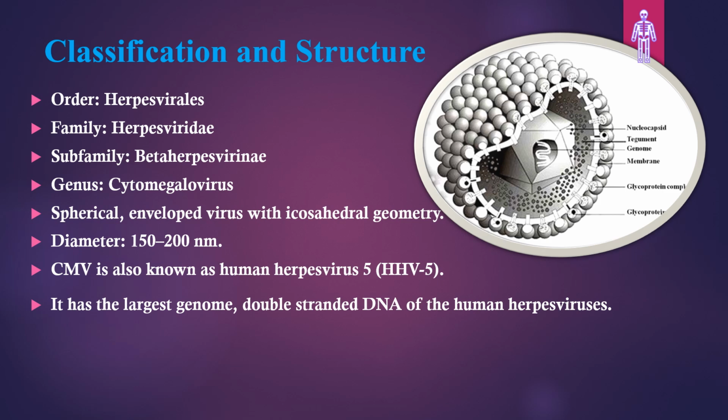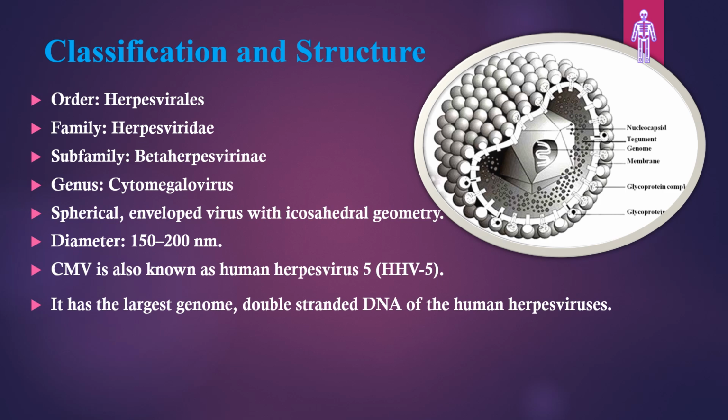The genome of this virus is a double-stranded DNA genome and the largest genome found in the human herpesvirus family, with 230 kilobases of genes. The structure of CMV includes an outer lipid bilayer envelope composed of viral glycoproteins.